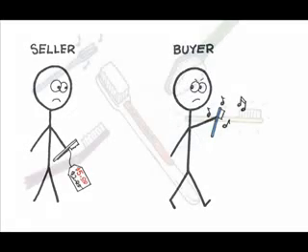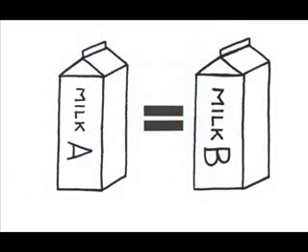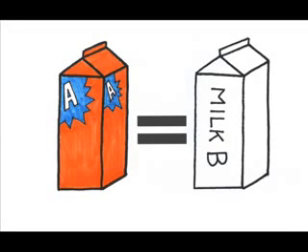Notice that in my toothbrush example, there's a real differentiation where there are physical differences in the products. It is possible in this market structure to have artificial differentiation where two products are physically identical, but through marketing, say attractive packaging or celebrity endorsements, consumers are convinced that the products are different.